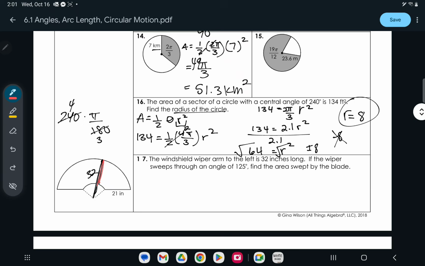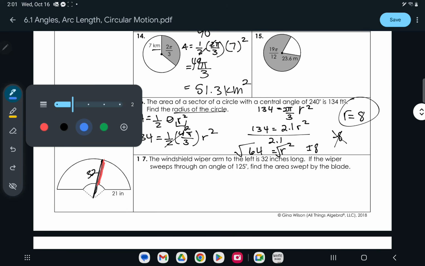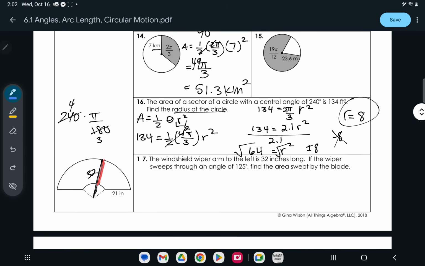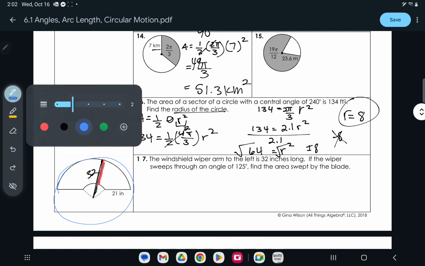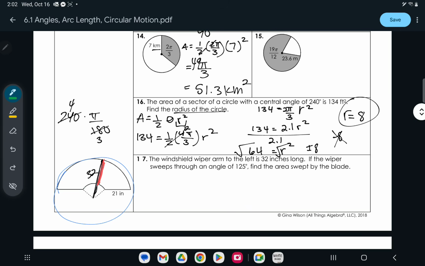So the blade is right here. So what I see is I see a big circle and I see a little circle. And I want that red piece. I want the area that this red piece has.